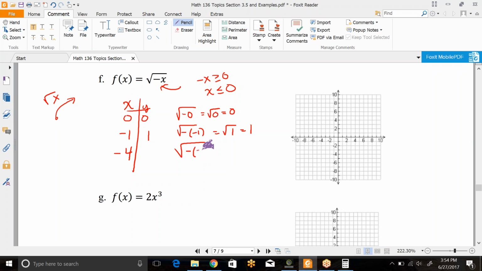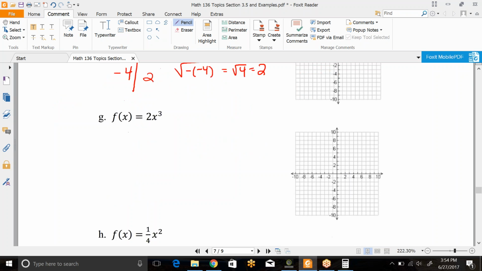And square root of -4, which is square root of 4, and that is 2. So notice if there's a negative inside, we reflect across the y-axis. And we're showing that to you using a table, or you can memorize that that's what the transformation is. Okay, so notice it flips this way.